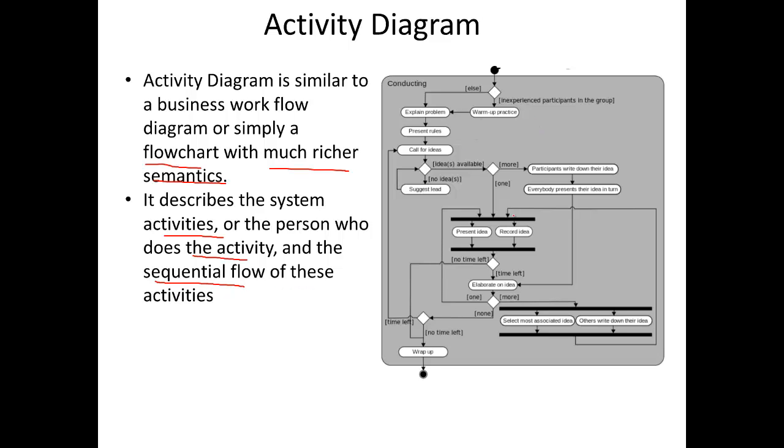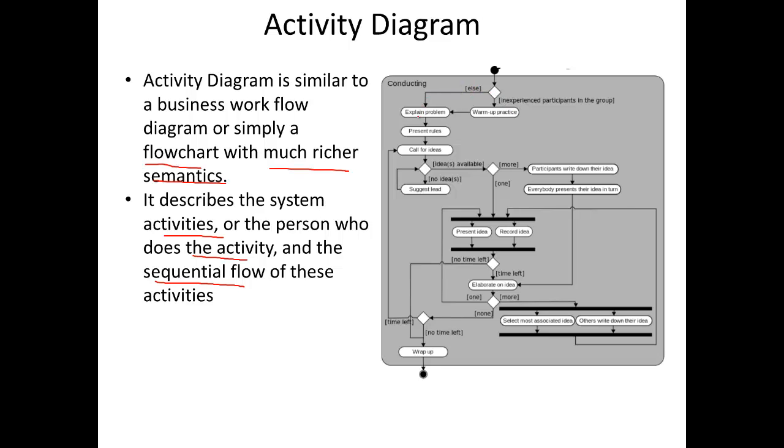This just shows an example. We start from this point, then come here. It will check whether the condition is satisfied or not. If satisfied, we can go to the next step called warm-up practice. Okay? If not, we put else here.